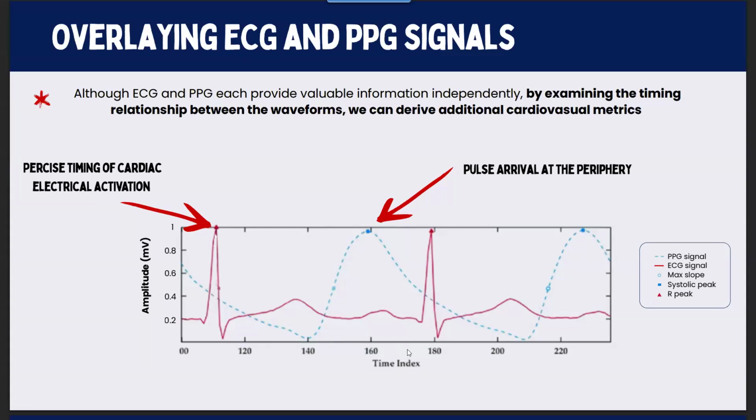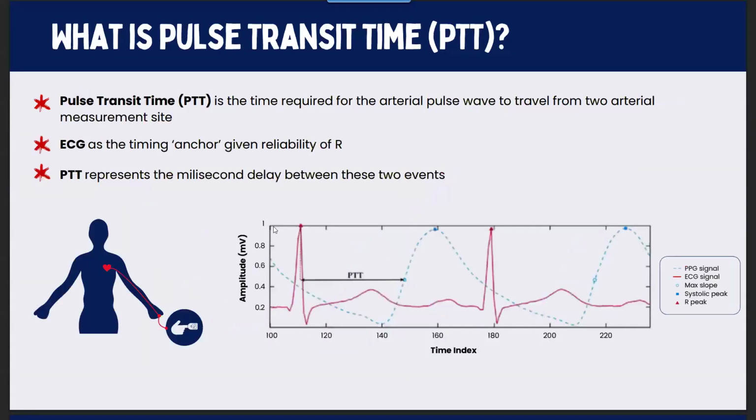When we're able to overlay our ECG and PPG waveforms, we're able to look at the precise timing of where electrical activation occurred, that very good, clear R peak to assess and use as our grounding point to look at the timing difference, either from the foot of the pulse wave, the midpoint of the pulse wave, or the peak of the pulse wave. And with this timing difference, we're really able to speak to different cardiovascular metrics of interest.